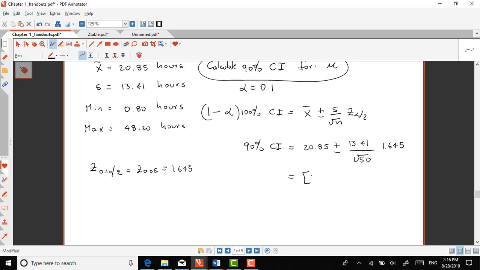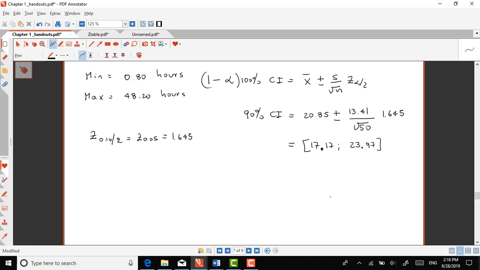So this confidence interval gives us 17.17 to 23.97. Okay, it's very straightforward. I'll give you like 30 seconds to take notes, and then we interpret.